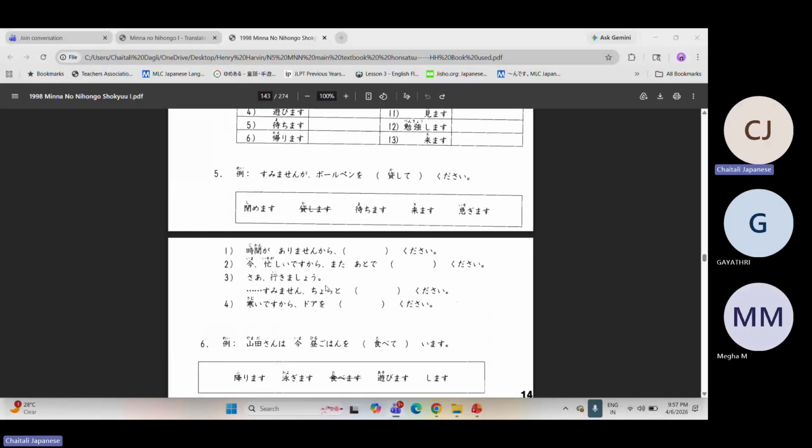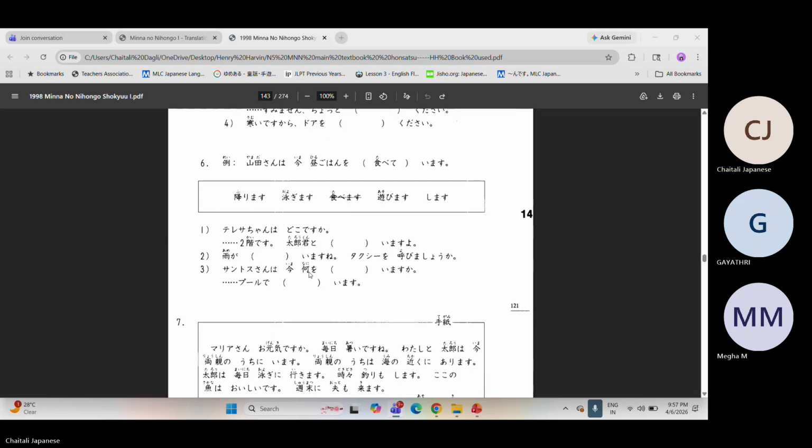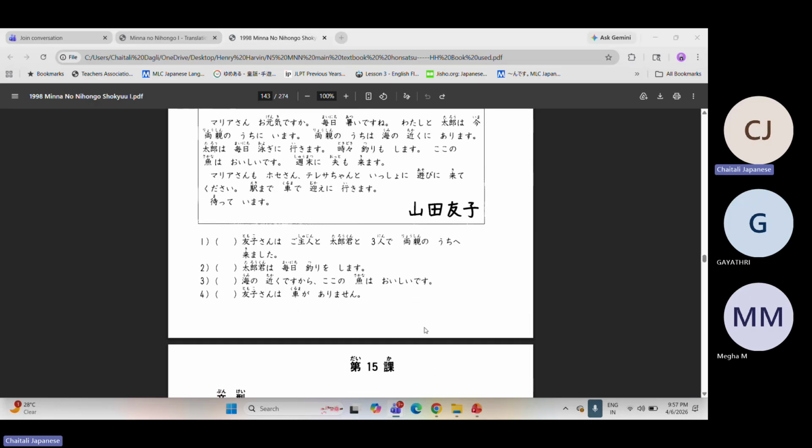Okay, so tell me the first answer. Question 1 is isoide, 2 is kite, 3 is motte, and 4th is shimette. Question 6: first, asonde, second is futte, and third is shitte and oyoide. And for 7th, your answers: first and second are false, third is true, fourth is false.